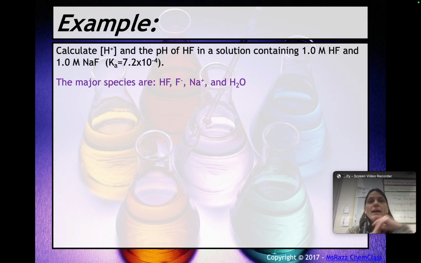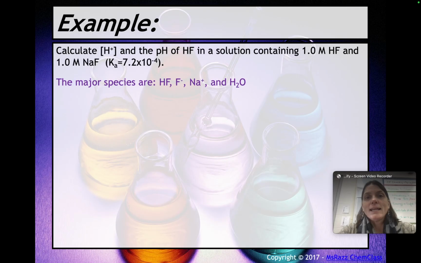Now, we have HF, and then we also are mixing in sodium fluoride. In the 1 molar solution of sodium fluoride, we have dissolved Na plus ions and F minus ions. So in the solution we have HF, F minus, Na plus, and water.